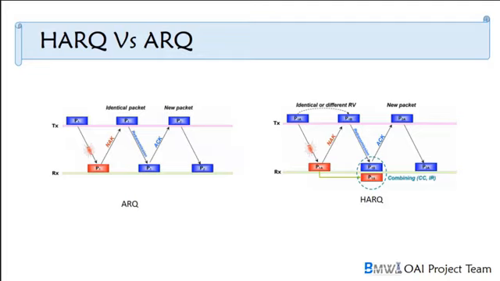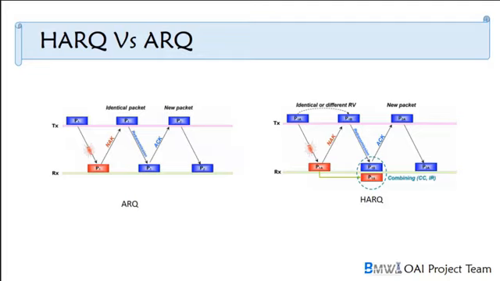So the concept is simple, I think. Not as simple, it's a little bit different, a little bit difficult. So in the left part there is ARQ, and in the right part you can see HARQ.